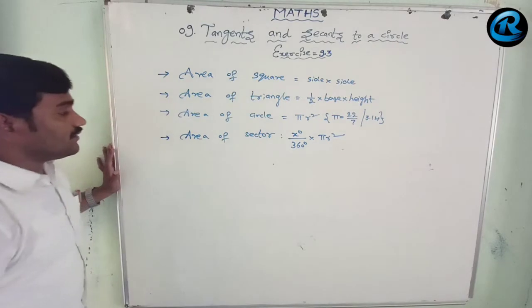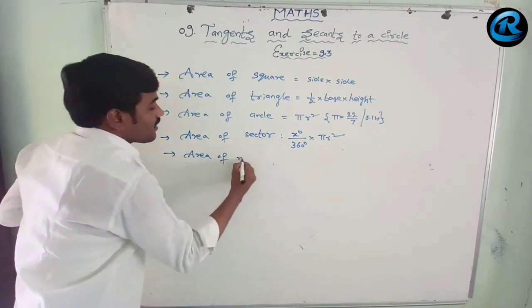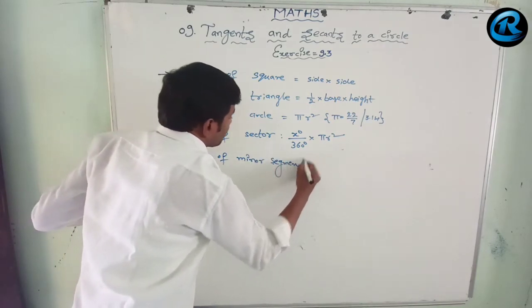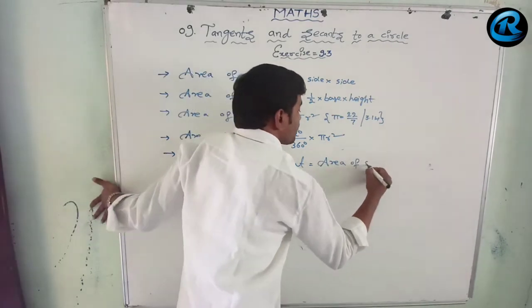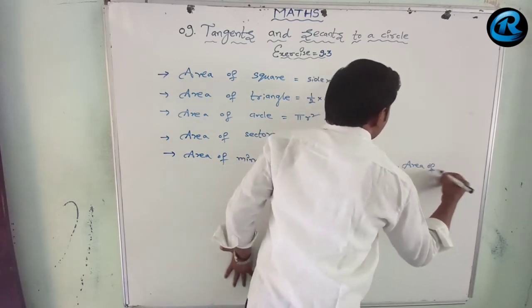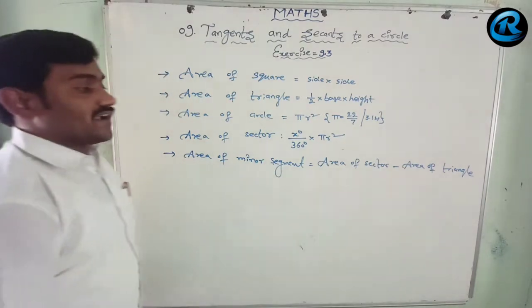That is the formula: area of minor segment equals area of sector minus area of triangle.